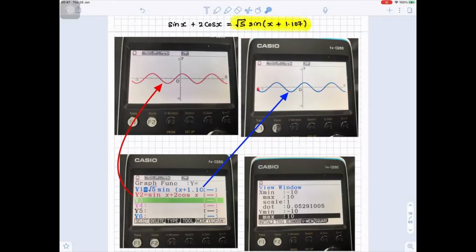The fact that they fit together shows that the left side equals the right side. That's how you can check your work during the exam. Plot the two graphs, the left side and the right side, and if they fit together, your answers are correct.